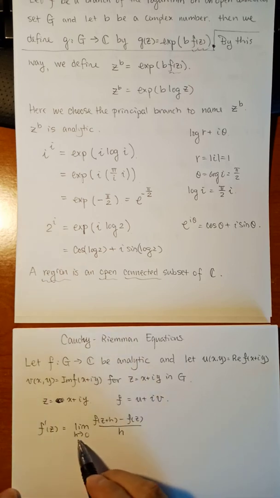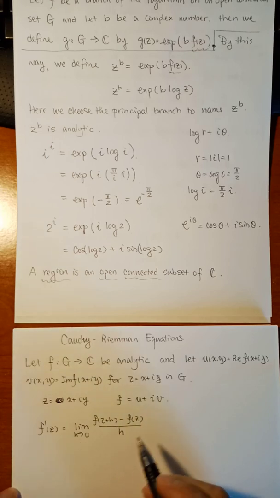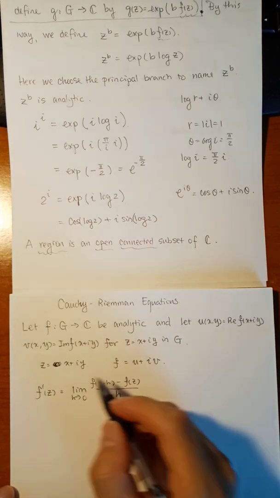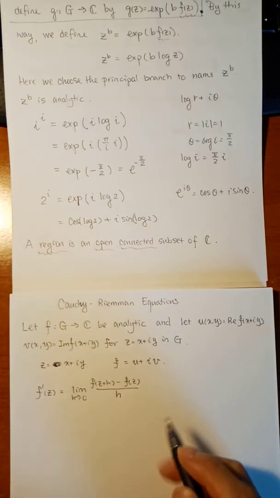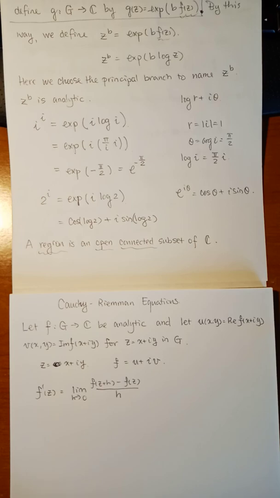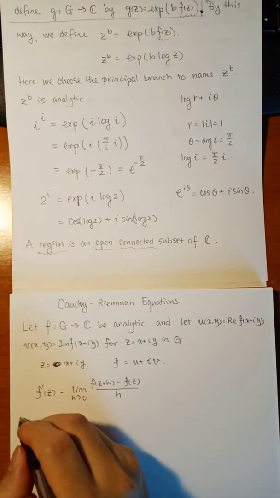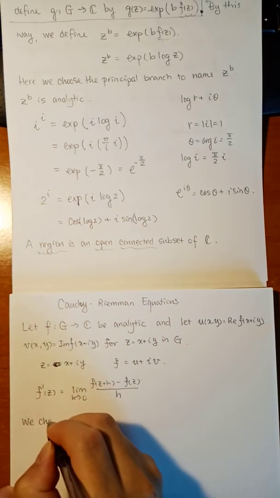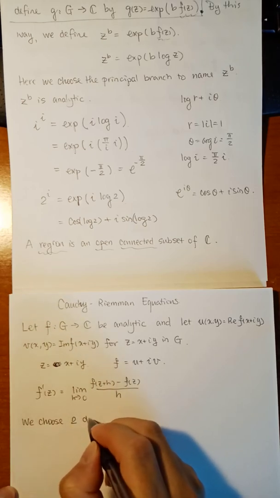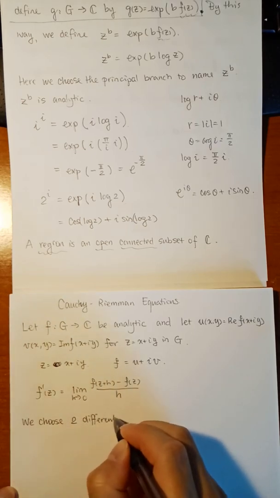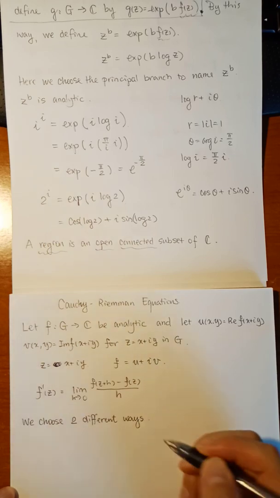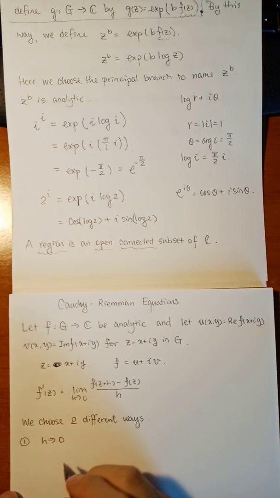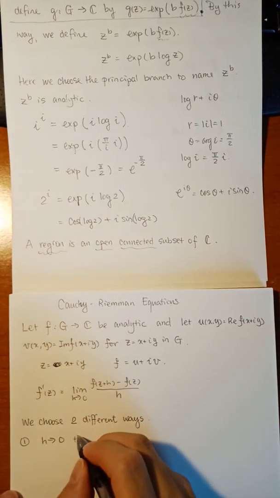We said this h will approach 0 from whatever direction or whatever way, and if you have the limit, then that is defined to be the derivative of f at z. So now we are going to choose two different ways. We choose two different ways. The first one, h approaches 0 through the real values.